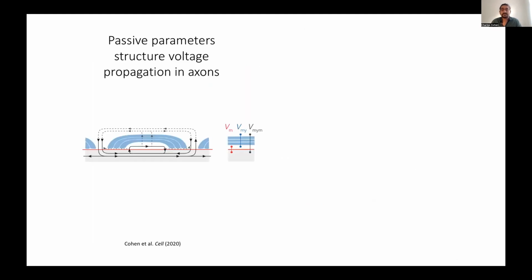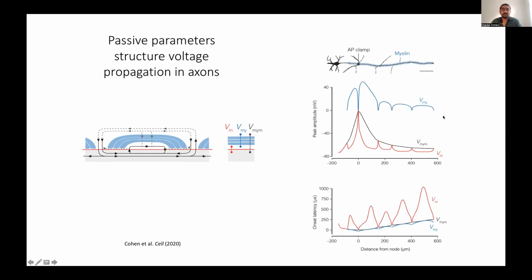Now, these passive parameters being solved, we could account for the experimentally measured voltage propagation over space and time. Here, in the axon core, across the myelin sheath, in the axon core, over space and over time.